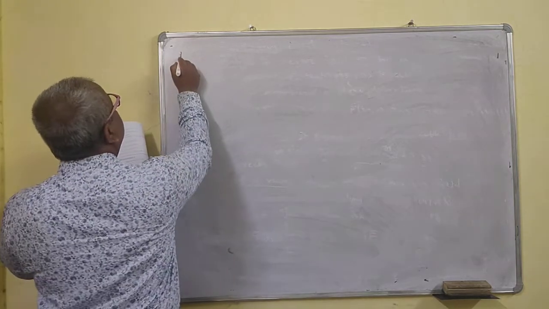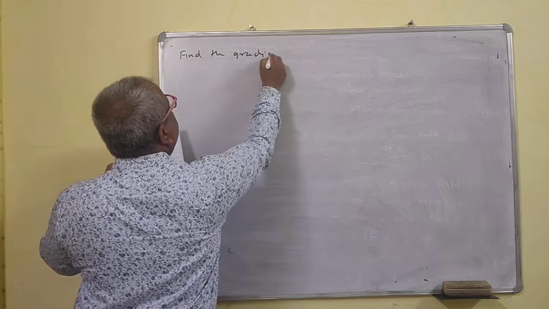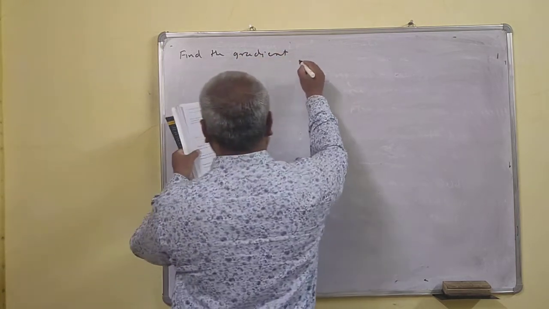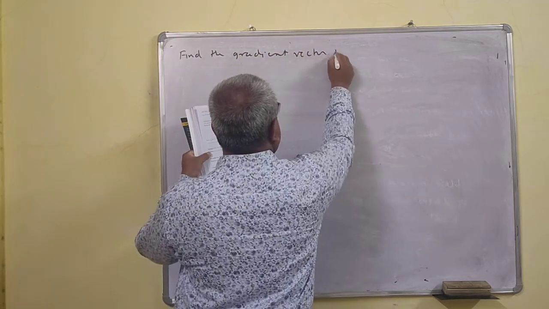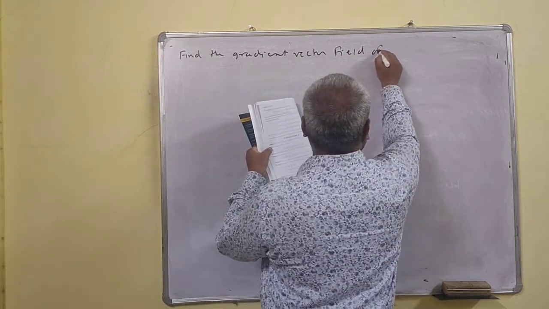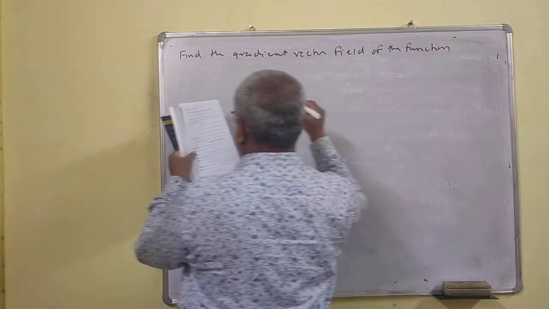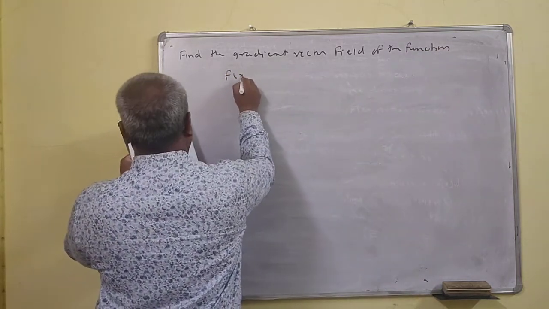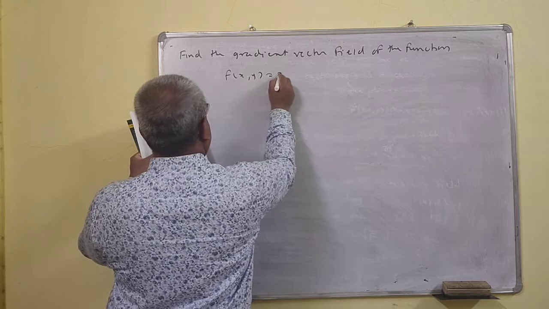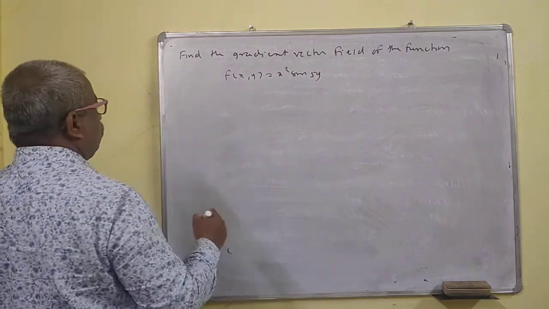Find the gradient vector field of the function f of (x, y) equal to x squared sin of pi y.